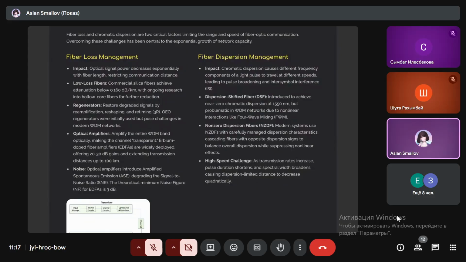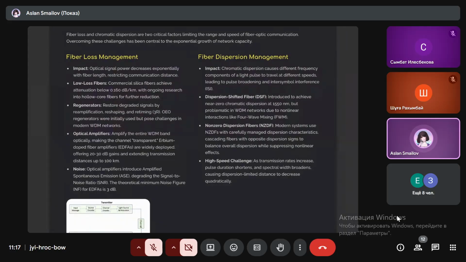Next one is optical amplifiers. They are used to amplify the entire WDM band optically, making the channel transparent. Erbium doped fiber amplifiers are widely deployed, offering 20 to 30 decibel gains and extending transmission distance up to 100 kilometers.